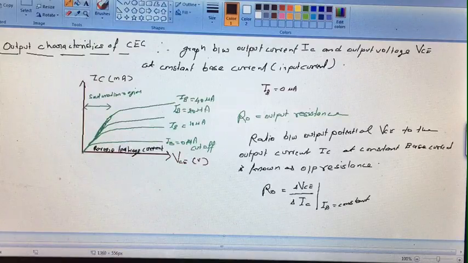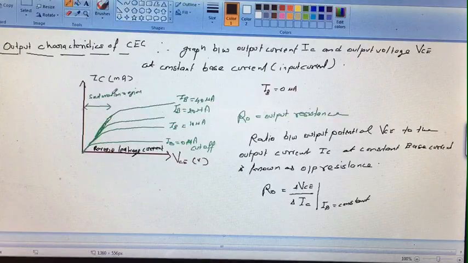It means the collector current in common emitter configuration at zero input current is known as reverse leakage current. The saturation, active and cutoff region of common emitter modes are shown. This is our saturation region and this is our active region.